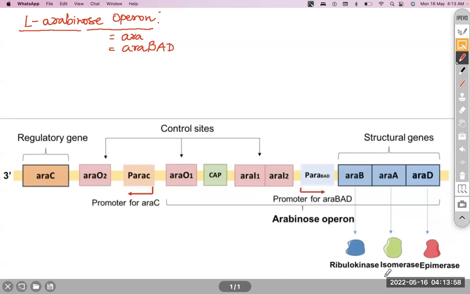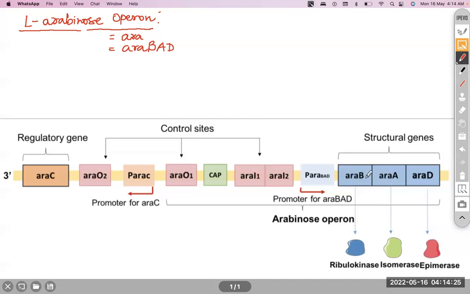No arabinose breakdown or catabolism is required. So in the presence of high sugar also, these genes are not transcribed. Okay, so that we will discuss later. First, you understand the structure of this operon.